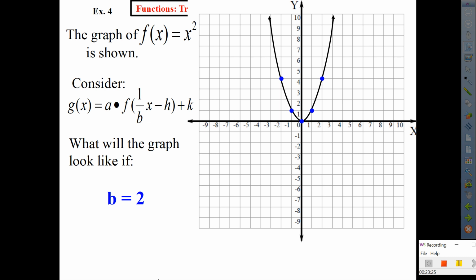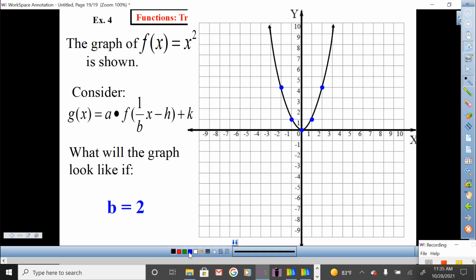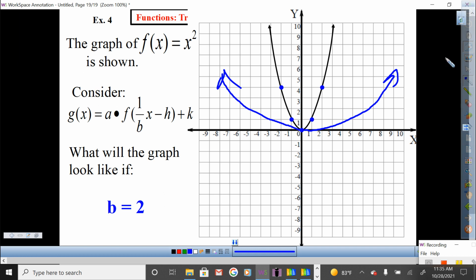Say here what's going to happen if I substitute in the B a 2. Yeah, I heard stretch horizontally, right? We can get this and then all of a sudden expand it like this. If you can picture it, it would look something like, we get this like that, stretch it, so it's going to go something like that. I'm not exact with the points, but I'm trying to be exaggerated so you can see the stretch horizontally.